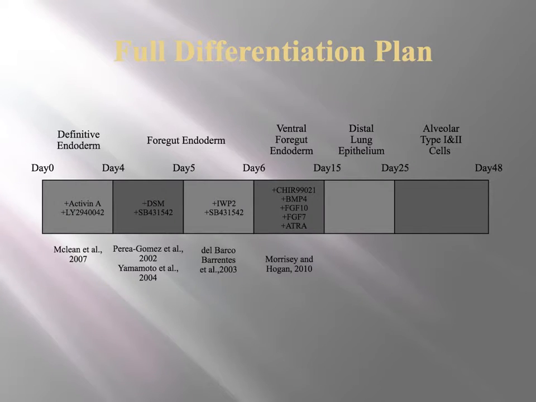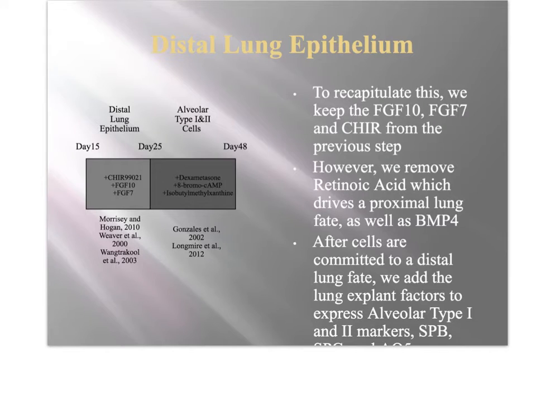Once the cells have been ventralized, the next steps are a distalization of the lung epithelium, which is where the lungs branch outwards, and then a maturation into type 1 and type 2 alveolar cells, which you can see here. So we're going to talk a little bit about that. To distalize the cells, we used some of the same factors we used in the ventralization step, namely FGF10 and 7, as well as the Wnt agonist CHIR.